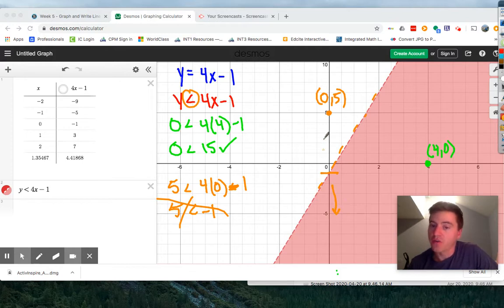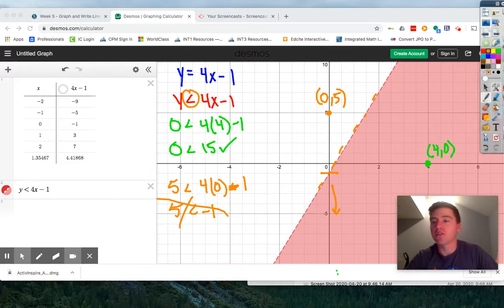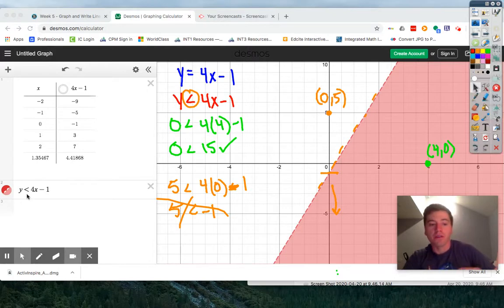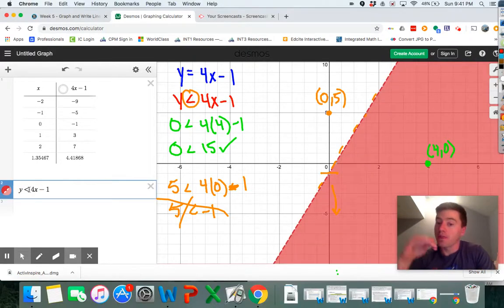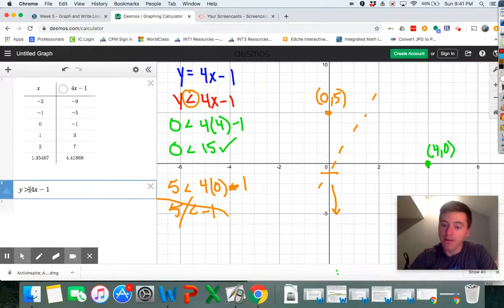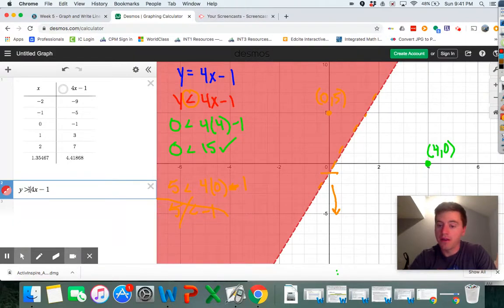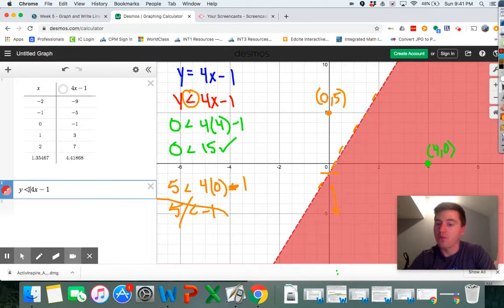It's greater when you go up. It's less when you go down. So when this says y is less than this, it would be beneath it. If I were to change this over here to greater than, you can probably guess what's going to happen. It's going to be up above instead of below, because this is saying less than, so we're talking beneath it on the vertical axis. These are lesser numbers and these are greater numbers.